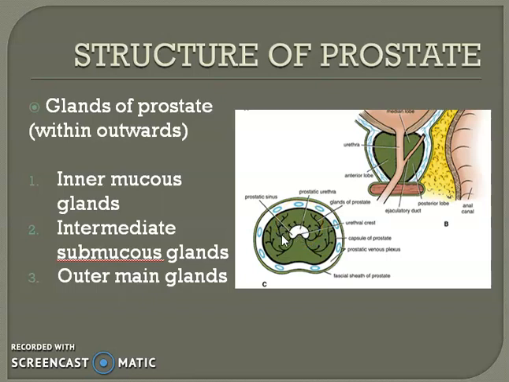The intermediate submucous glands have fewer follicles and smaller ducts, which open into the sinuses at the level of the colliculus, whereas the outer main glands have numerous follicles and longer ducts and they open into the prostatic sinus below the colliculus. So this is above the colliculus, at the colliculus and this is below the colliculus.